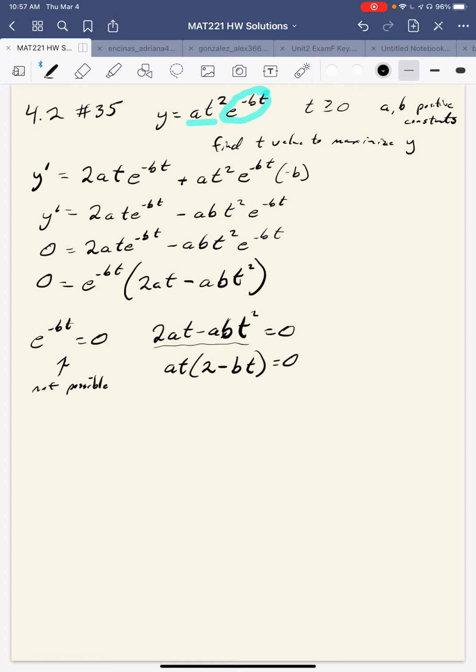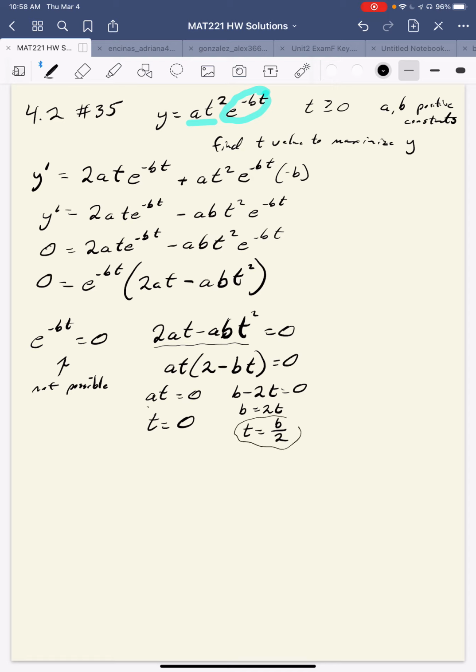So that means either a times t equals 0 or b minus 2t equals 0. So this would happen, this at equals 0 when t equals 0, so that's good. Then over here, b would equal 2t, so t equals b over 2, and that is the other critical point.